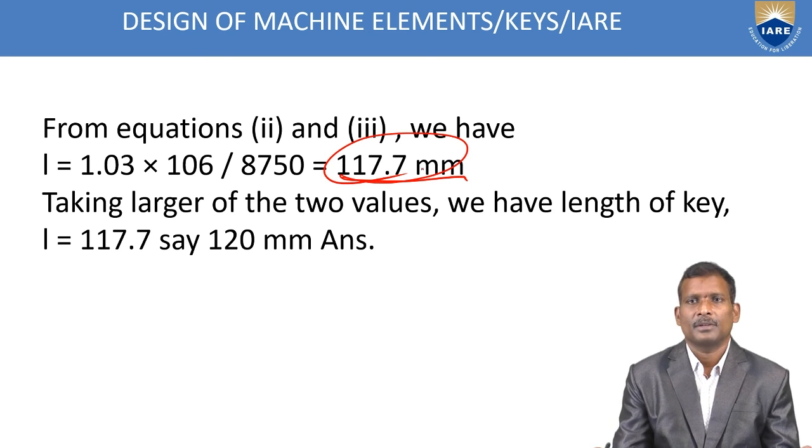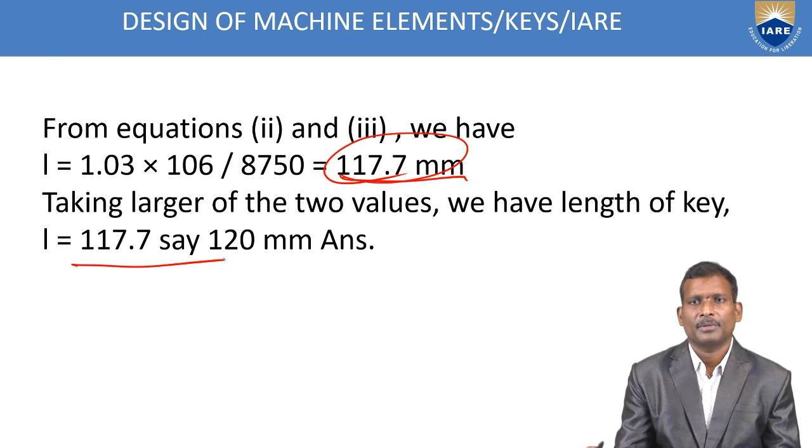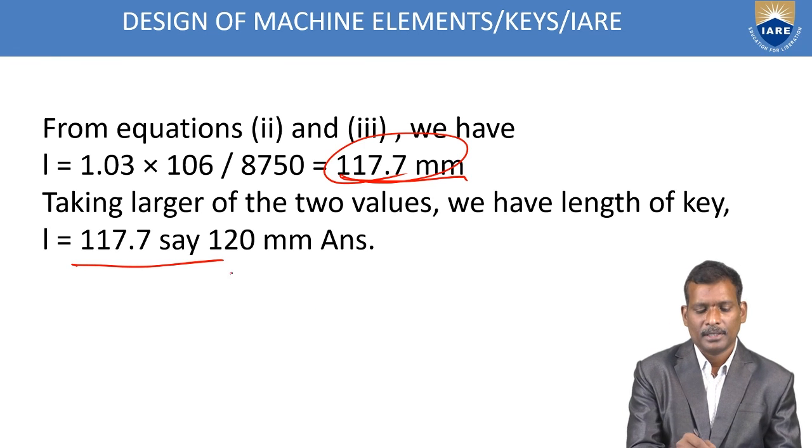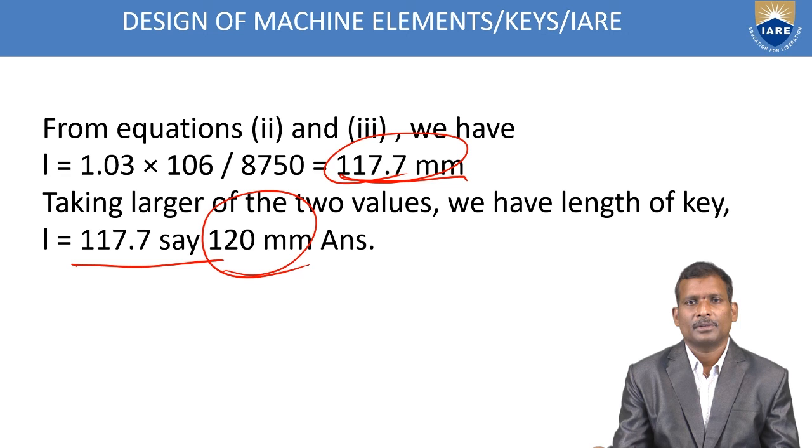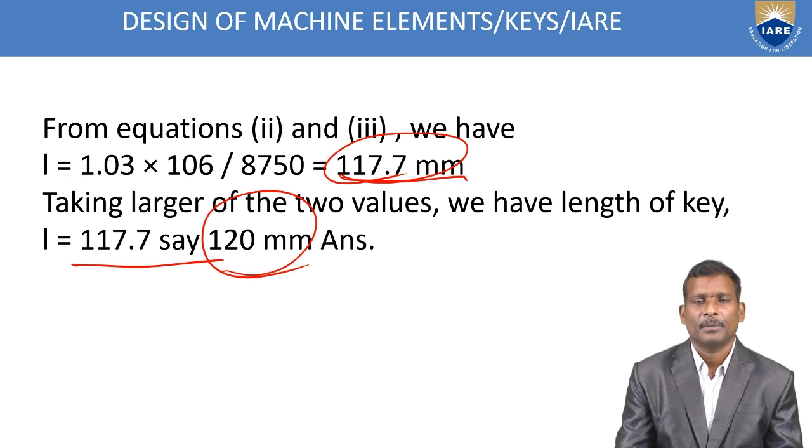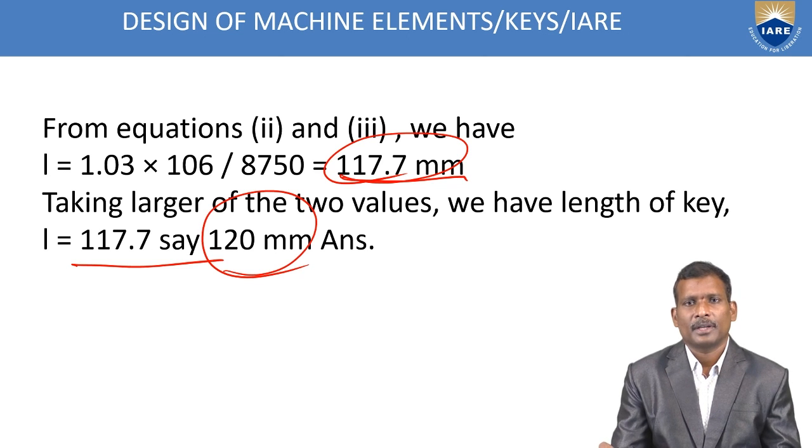So this is the larger value. You can fix it as the final length of the key. So that is 117.7. You can take the standard value for the length of the key as 120 mm. Like this you have to calculate the dimensions of the key.